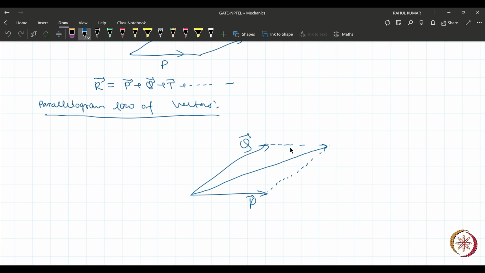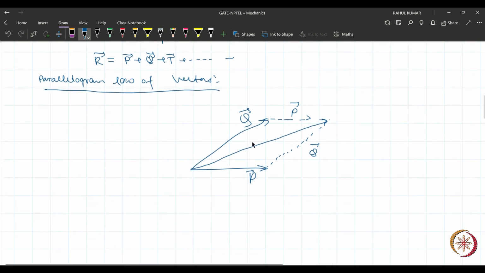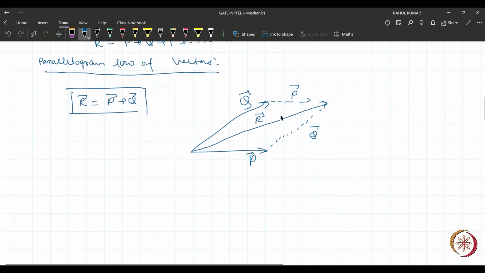And this parallel line is nothing but the vector P, and this parallel line is nothing but the vector Q. And by the definition of equal vector, we can clearly see that the magnitude of this is equal to this and the direction is also same. Then definitely this P and this P will be same, and this Q and this Q will be same. Then the parallelogram law of vector says the resultant will be nothing but P plus Q, and this resultant will definitely coincide with the diagonal of this parallelogram.